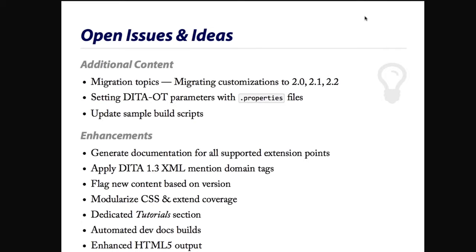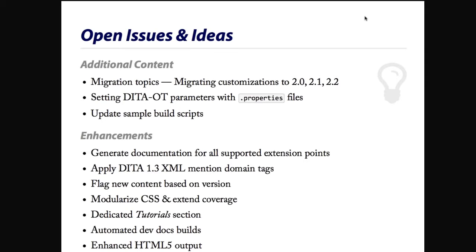So we'll do that soon. There's a bit more work that we want to do on the CSS and the HTML5 output that we're generating. So as the HTML5 plugin itself is enhanced in upcoming toolkit versions, we'll do some more with the documentation there as well. So that's just a baseline of what we have right now.